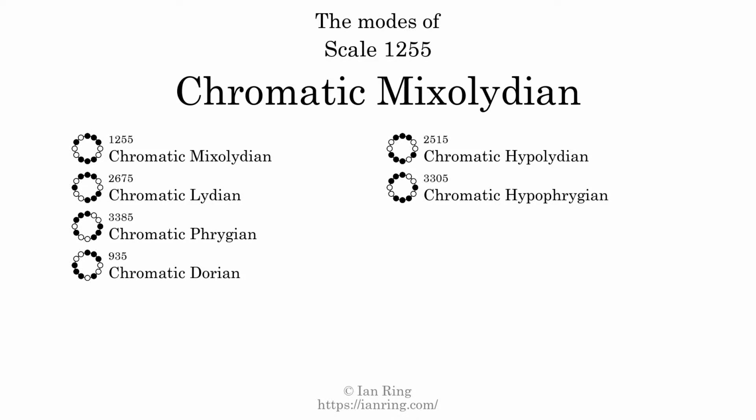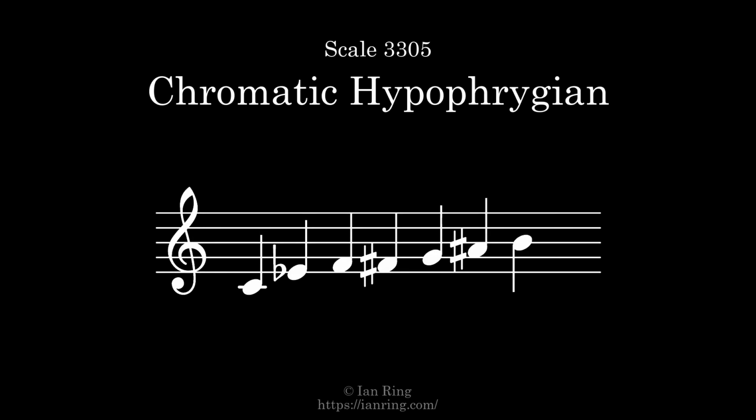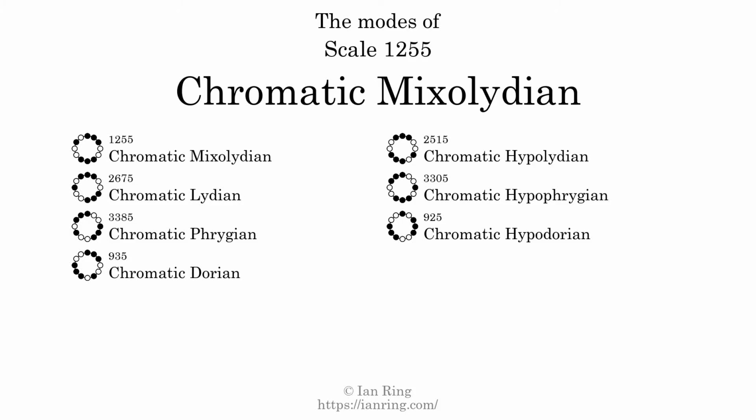The sixth mode is scale 3305, also known as Chromatic Hypophrygian. It sounds like this. The seventh and last mode is scale 925, also known as Chromatic Hypodorian. It sounds like this.